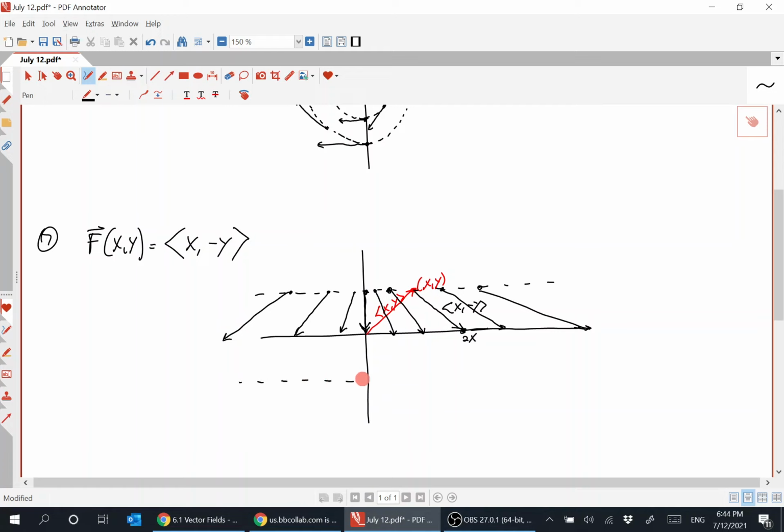And then for the vectors along this line, they're just pointing upwards onto the x-axis. And if you took any other horizontal line, they're doing the same thing. So this vector up here also points to that point down there. This vector up here also points to this point down here.